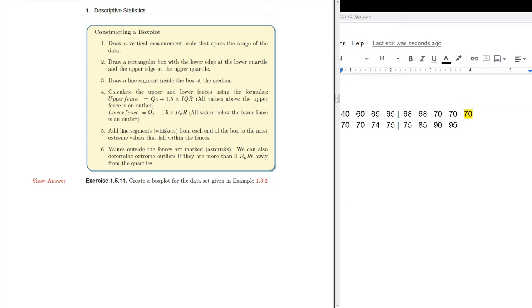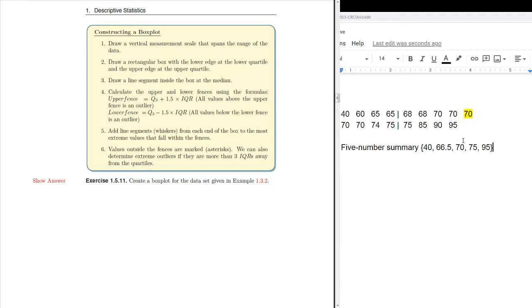So let's construct the box plot for the average time in public transit data. So the first thing we'll write down is the 5-number summary. The 5-number summary was the minimum, which is 40, the first quartile, which was 66.5, the median, which was 70, the third quartile, which is 75, and the maximum, which is 95.